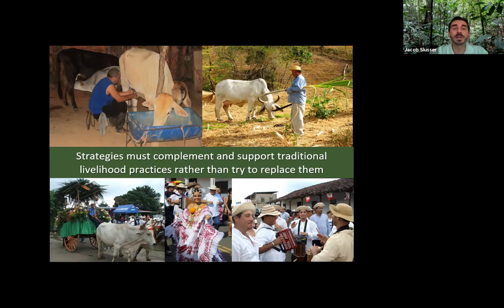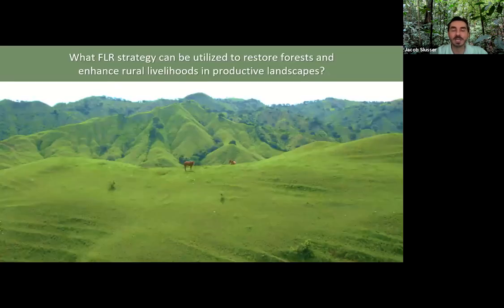You really can't separate them, and it's been part of the region's legacy for over 500 years now. And so that's why forest restoration strategies must complement and support traditional livelihood practices rather than try to replace them. That is just essential.